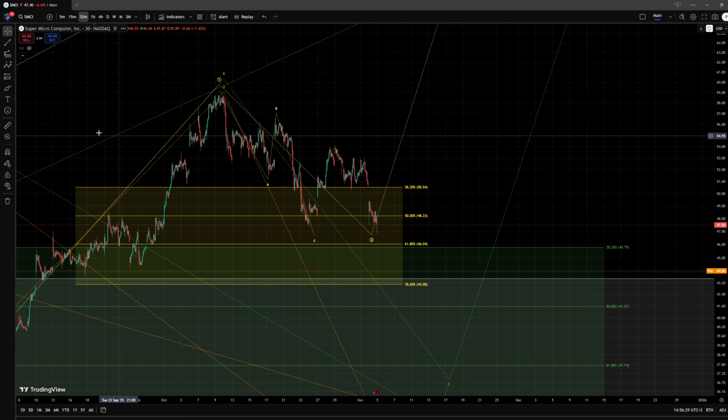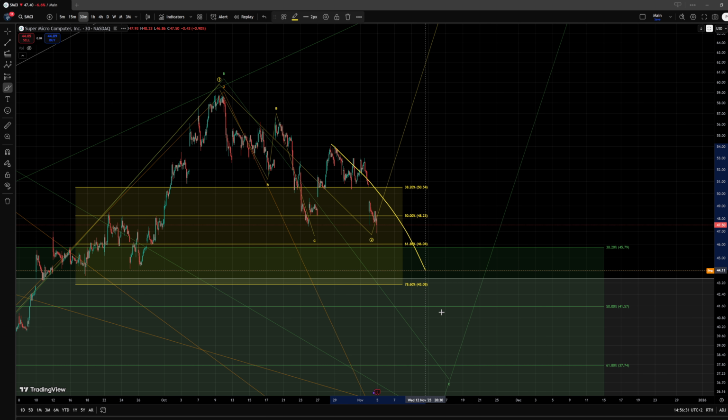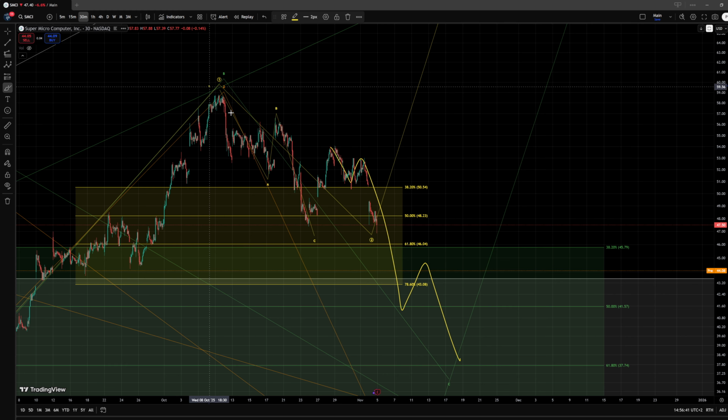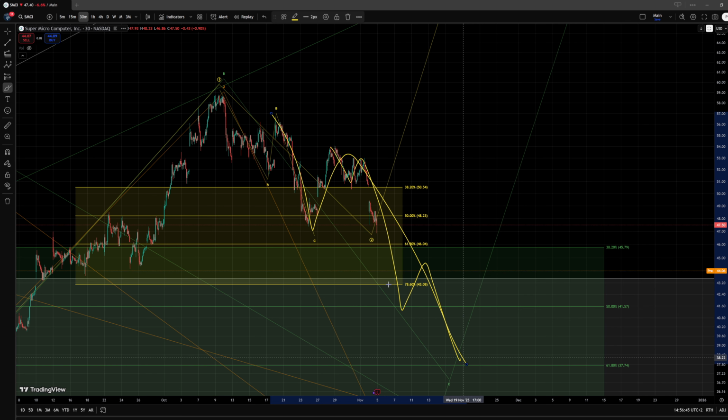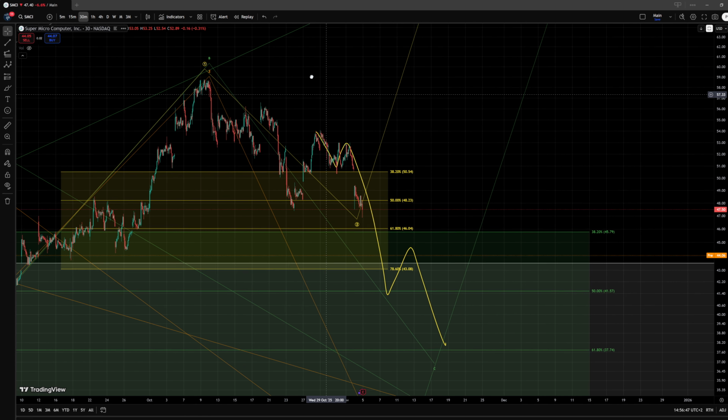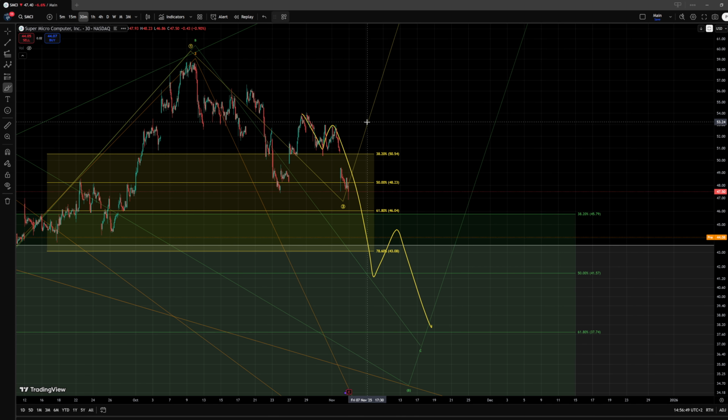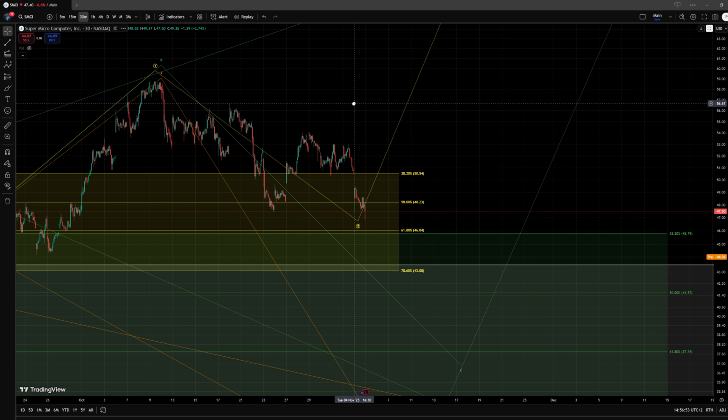Now, this depends fully on how this structure unfolds to the downside. Because if we form a 5-wave structure, something like this, it is likely going to be a 1, 2, 3, where this wave 3 is an ABC structure, and I should remove this not to make any confusion. But we will need to have some patience and wait and see how this will actually end up playing out.